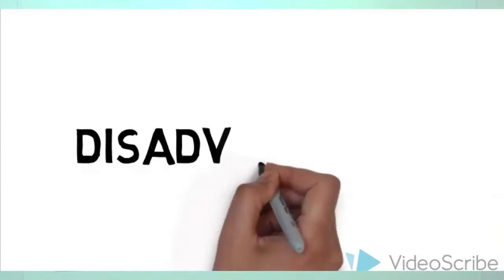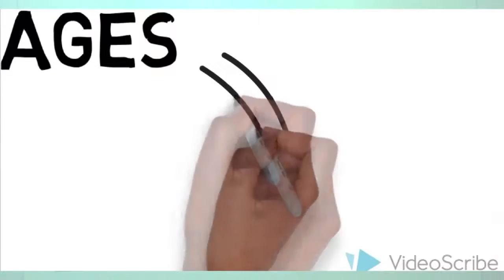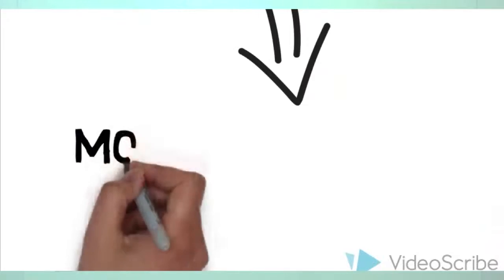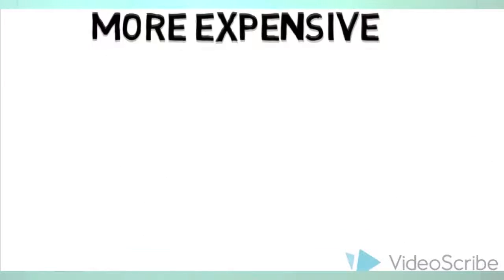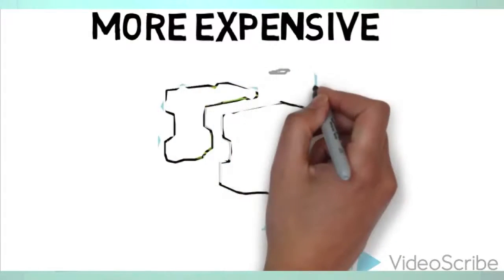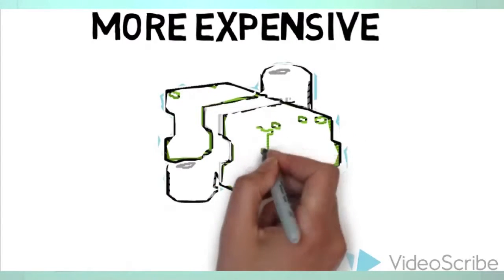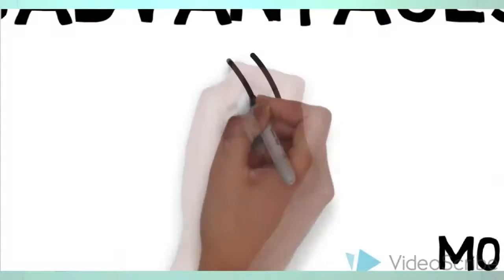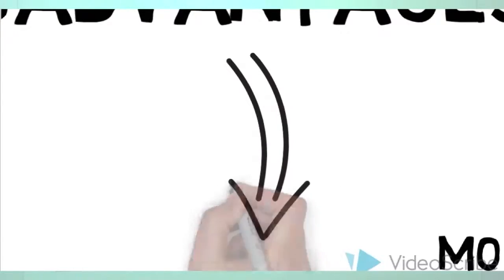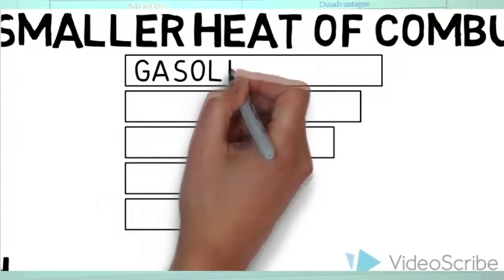But also, bioethanol has shortcomings. If we compare with petrol, it's more expensive because it requires growing, transporting, fermenting, and distilling processes. Petrol requires only drilling. Another problem is the smaller heat of combustion of ethanol.